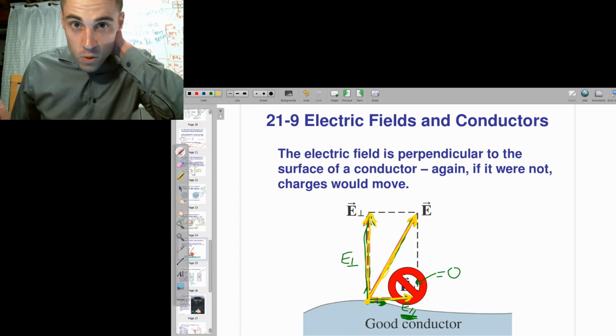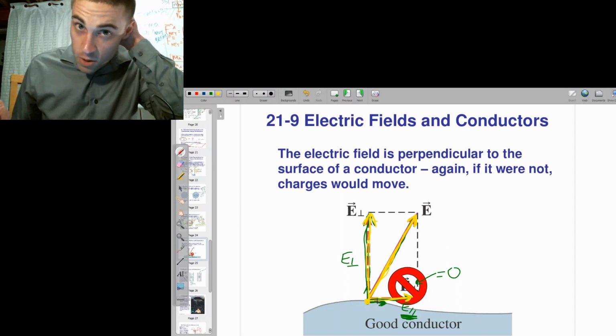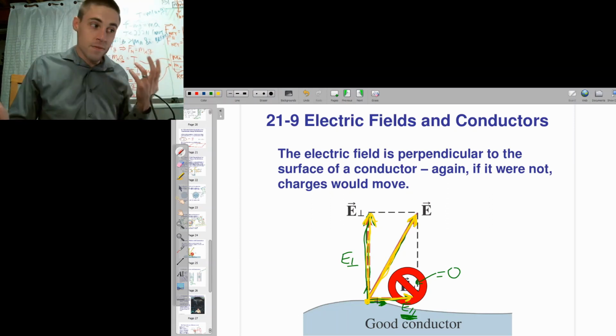Charges are free to move within a good conductor, but in the electrostatic case the charges are not moving.